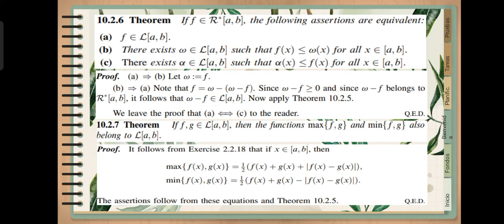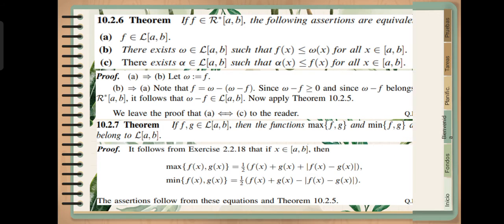The minimum of f of x, g of x is equal to 1/2 of the quantity f of x plus g of x minus the absolute value of f of x minus g of x. The assertions follow from these equations and theorem 10.2.5. QED.